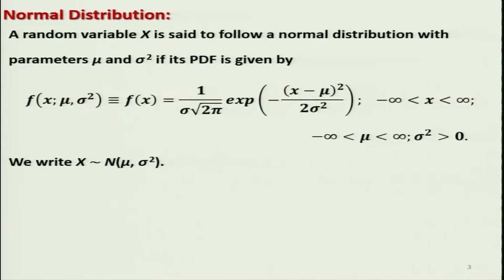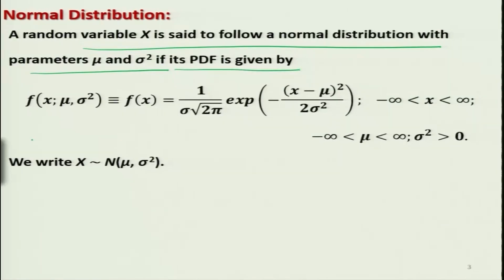So, now the question is, what is the probability density function of a normal distribution? A random variable x is said to follow a normal distribution with the parameters mu and sigma square if its probability density function is given by this mathematical function. We write f(x; mu, sigma square), and in general we will write it briefly as f(x), as long as we are in the normal distribution chapter.